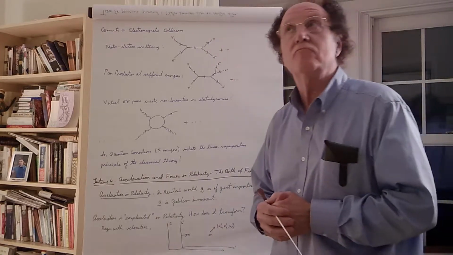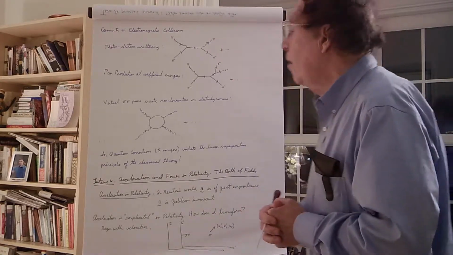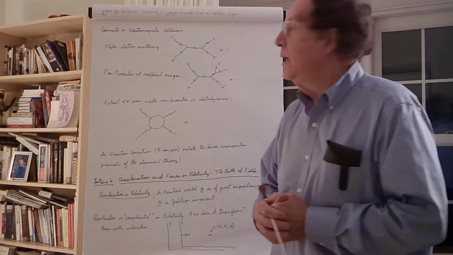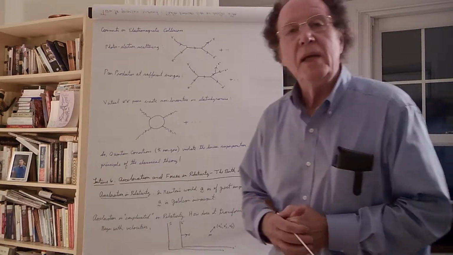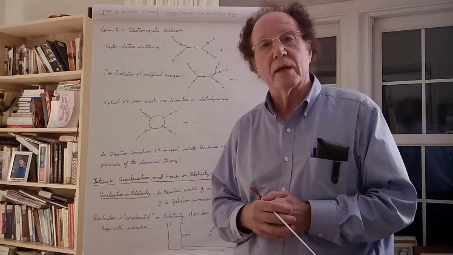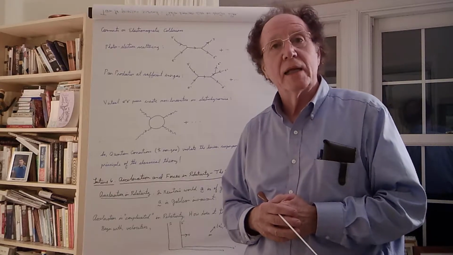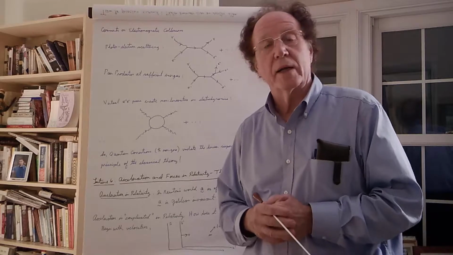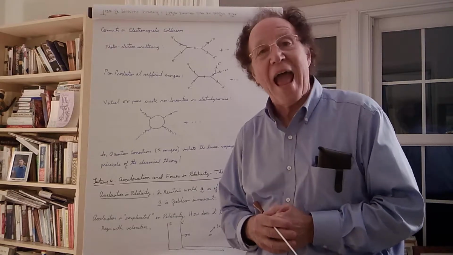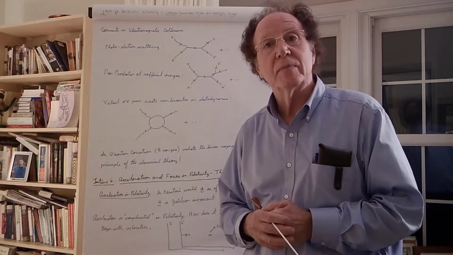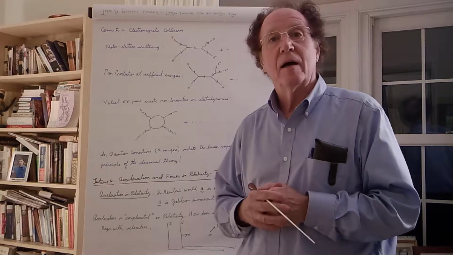So in these pictures, that would be that photons pass through one another without interacting. It's a linear system. They don't notice one another. Electric fields add. There's no interaction between them, and that's the end of the story.